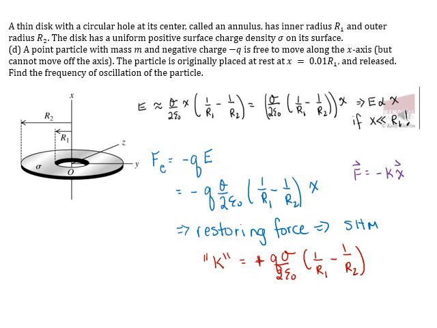To get our frequency of oscillation, we remember that our angular frequency is the square root of that constant divided by the mass, and that's equal to 2 times pi times f.